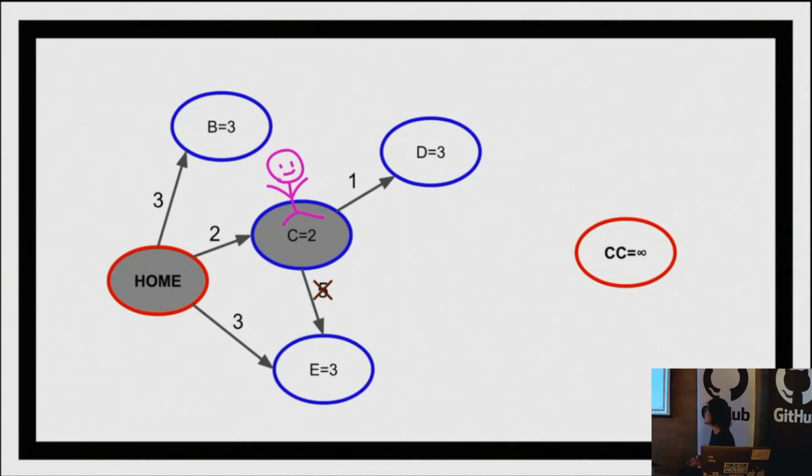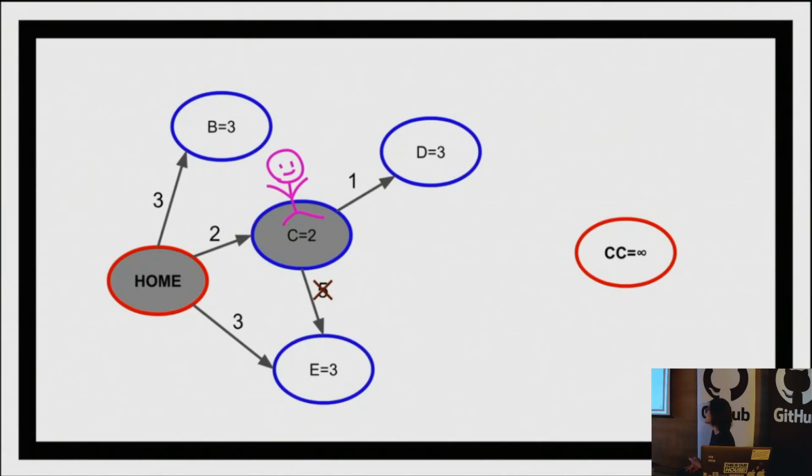I found another connection to E, but I already know E, and the shortest distance to E is 3. If I go to E from home to C to E, it takes 7, so I don't want to override my memo for E.